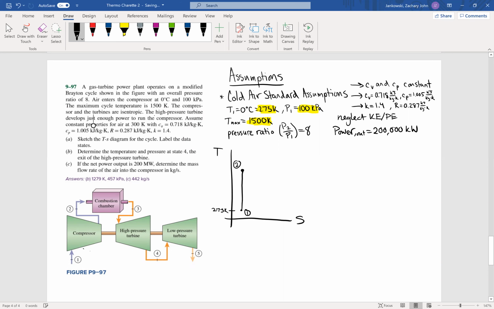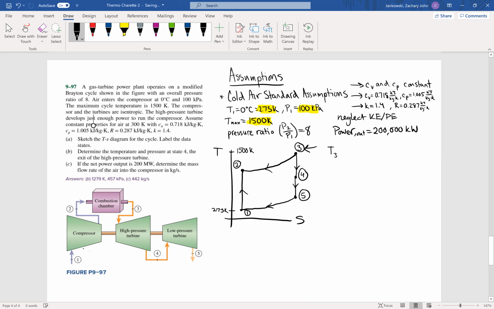We'll just draw in some arrows. Now before we move on, we see that at state 3, we have our highest temperature of 1500 Kelvin. So we're just going to write this assumption down to our left, that T3 is equal to our Tmax is equal to our 1500 Kelvin.